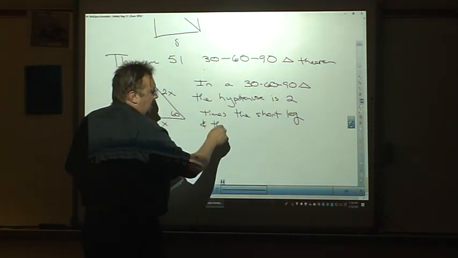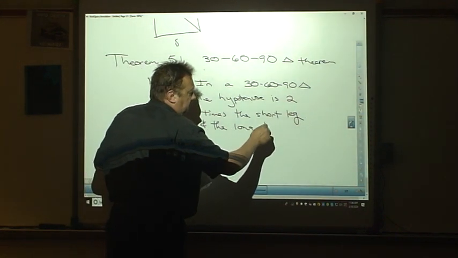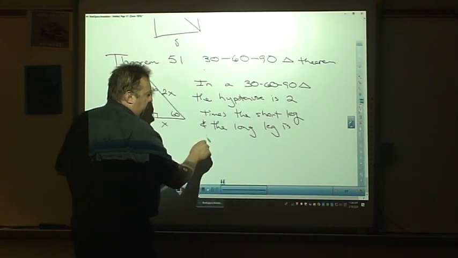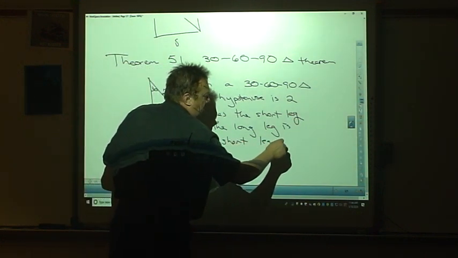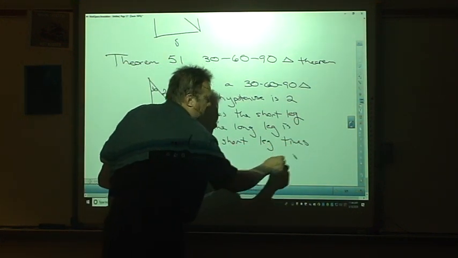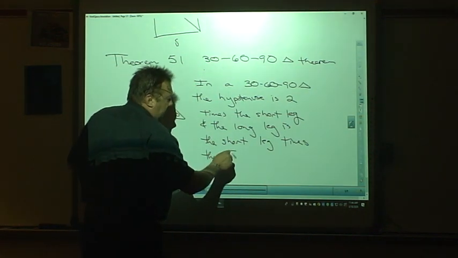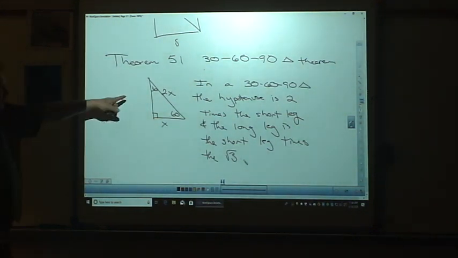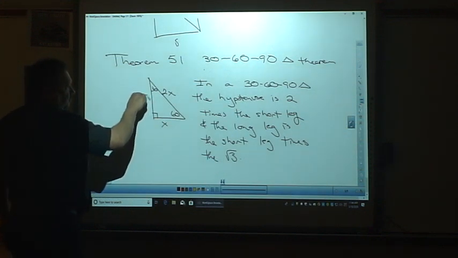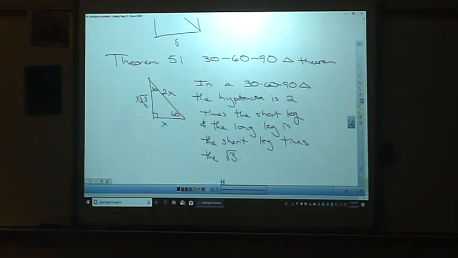And the long leg is the short leg times the square root of 3. Which means this leg is x times the square root of 3.